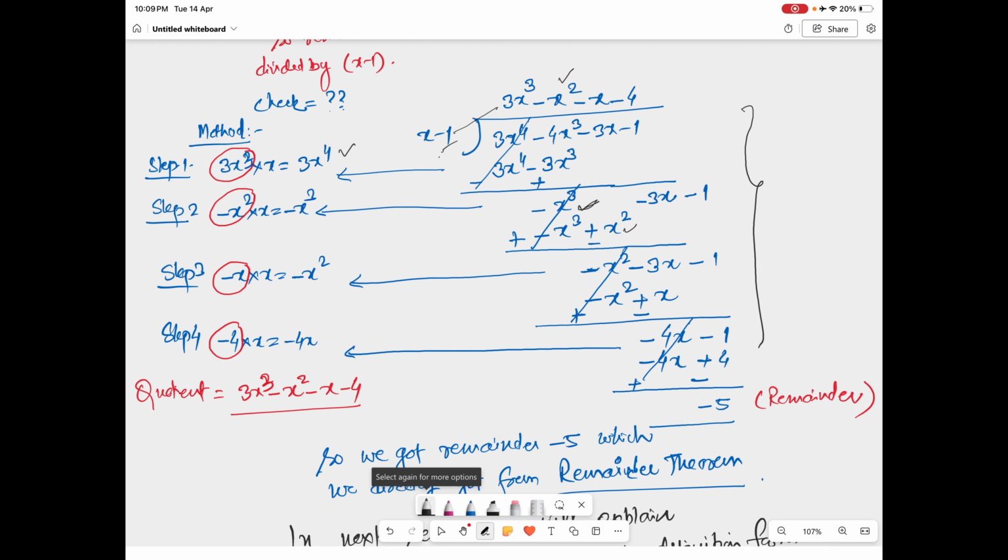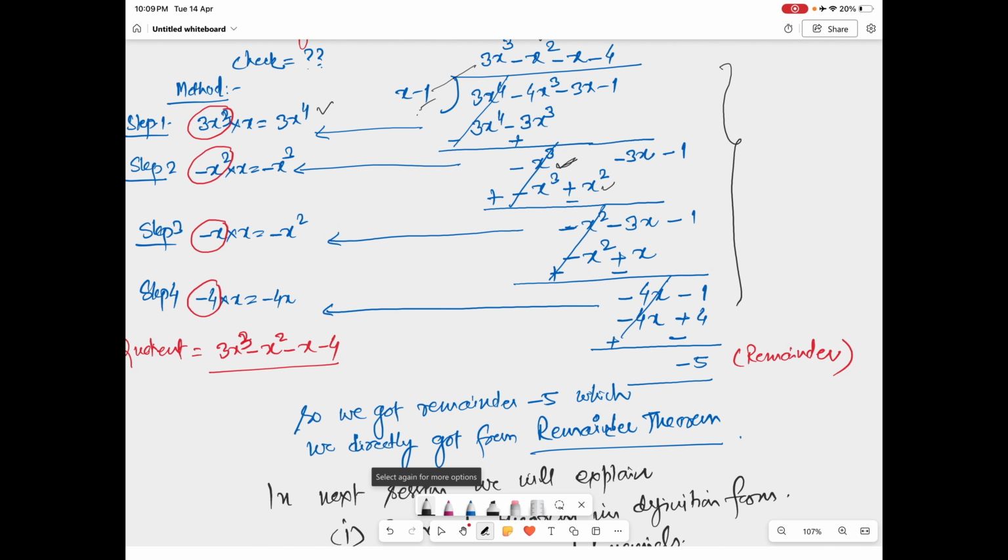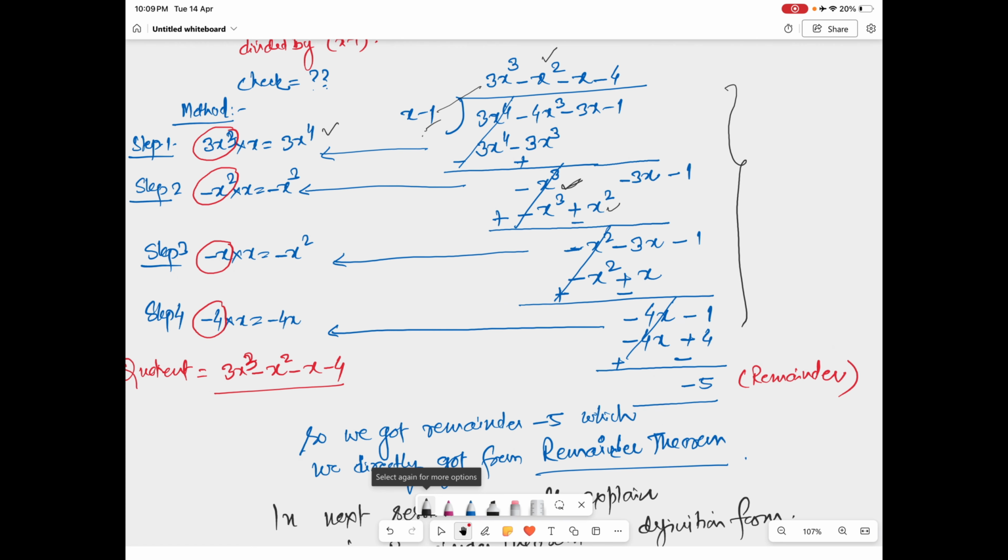So this continues, and when we come up to the last step I am getting minus 4x minus 1. To get minus 4x, I have to multiply x minus 1 with minus 4. So I will get minus 4x, and minus 4 into minus 1 will become plus 4. So when I subtract, minus 4x plus 4x will cancel out, and I get minus 5, which is the remainder.